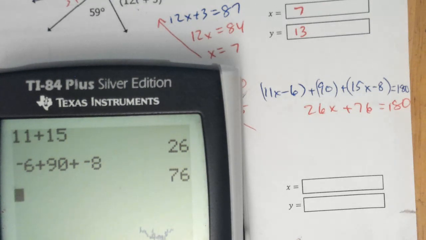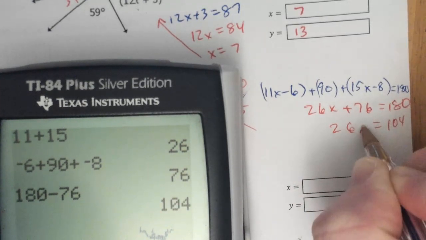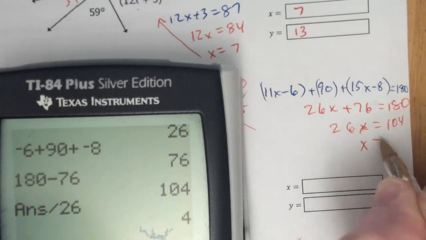Okay, so we're going to do 180, subtract that 76, and we get 104. So we got 26x equals 104. And then we're going to divide by 26, and we get x equals 4.